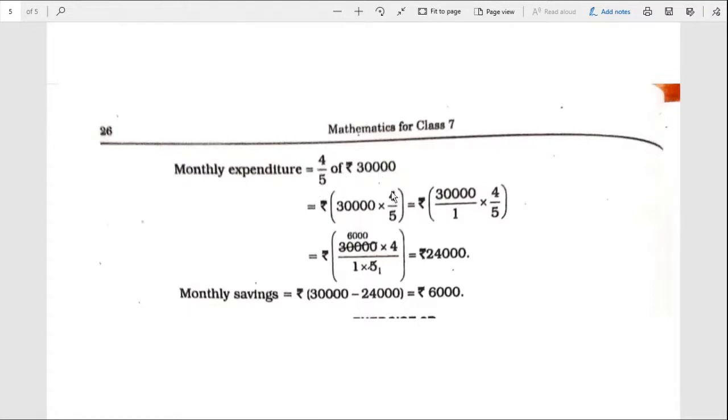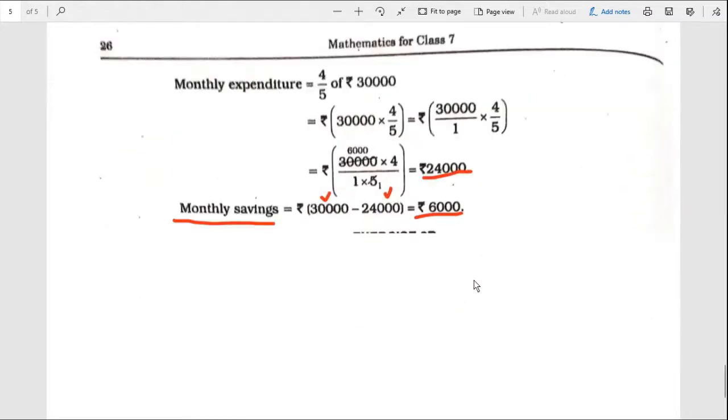So 30,000 of 4 by 5th is equal to 24,000. Once again, monthly saving is equal to total income minus expenditure. 30,000 minus 24,000 is equal to 6,000, and this is the saving amount.